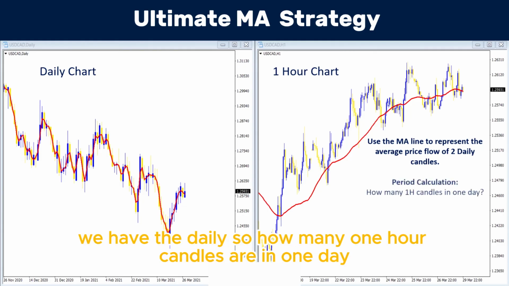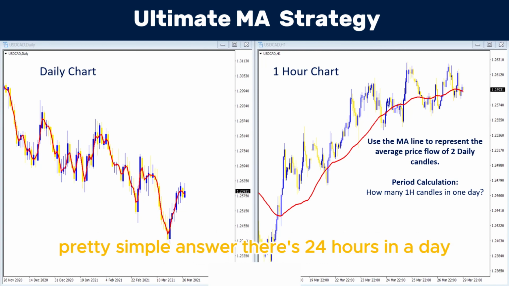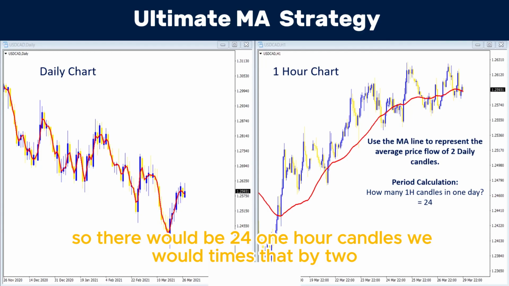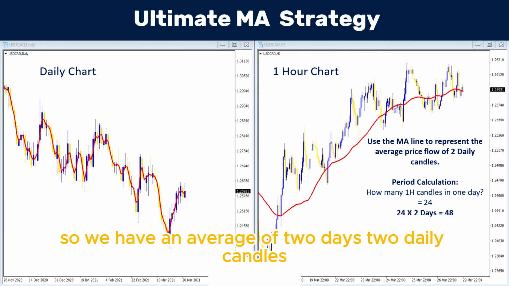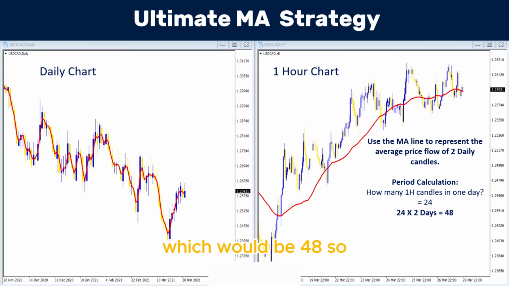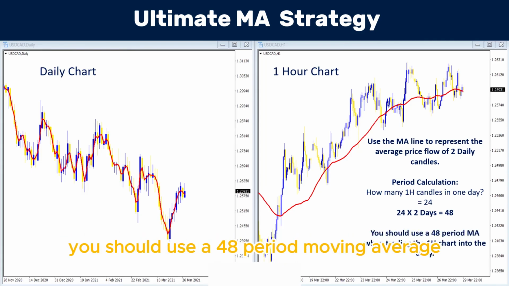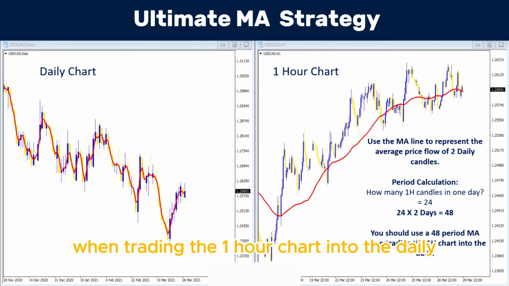In this case, we have the daily. So, how many 1-hour candles are in one day? Pretty simple answer. There's 24 hours in a day, so there would be 24 1-hour candles. We would times that by 2, so we have an average of 2 days, 2 daily candles, which would be 48. So you should use a 48 period moving average when trading the 1-hour chart into the daily.